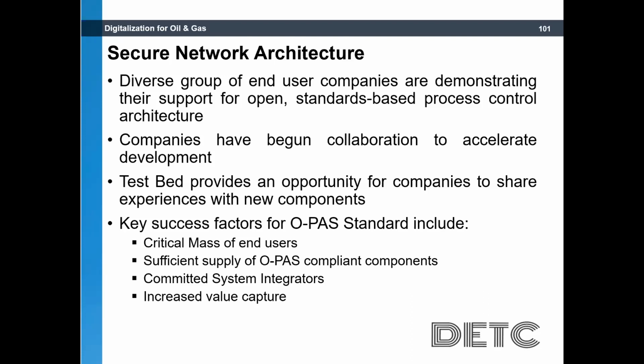These companies collaborate together to accelerate the development of network architecture, and they capitalize on the success factors, which include mass of end users, supply of OPAS compliant components, committed safety integrators, and increased value capture utilizing such secure network architectures.